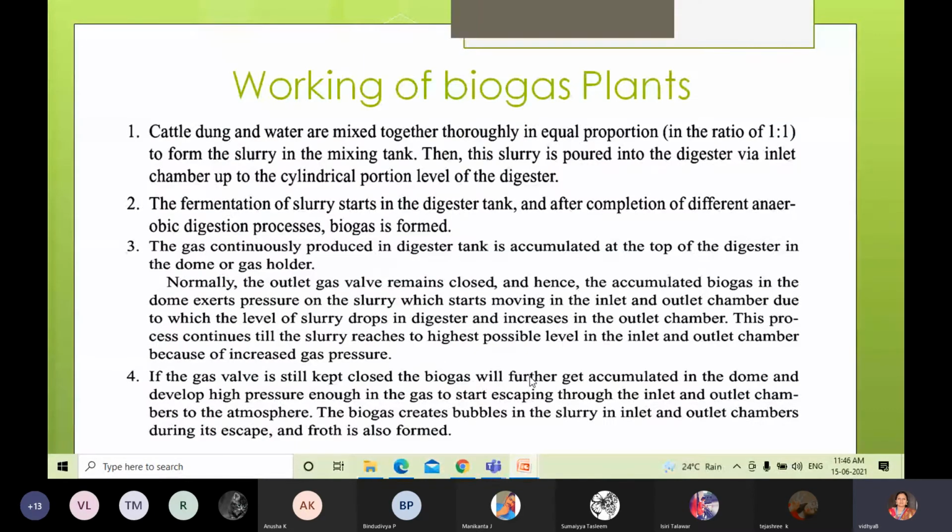Whatever the output from the digester will be stored in the dome and develop a high pressure, enough that the gas will start escaping through the inlet and outlet chambers to the atmosphere. The biogas creates bubbles in the slurry in the inlet and outlet chamber during its escape, and froth is also formed.